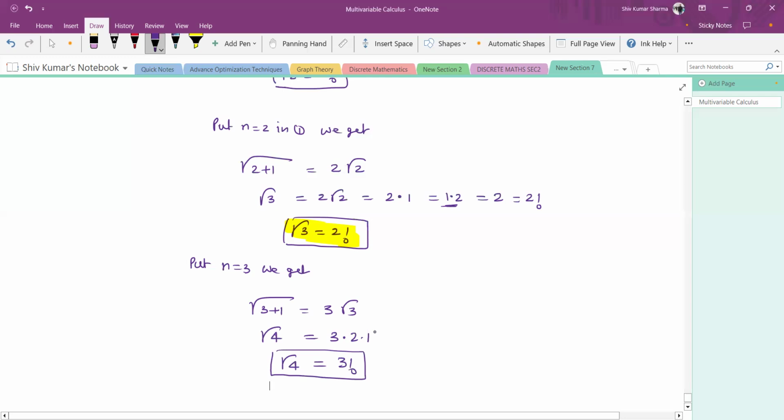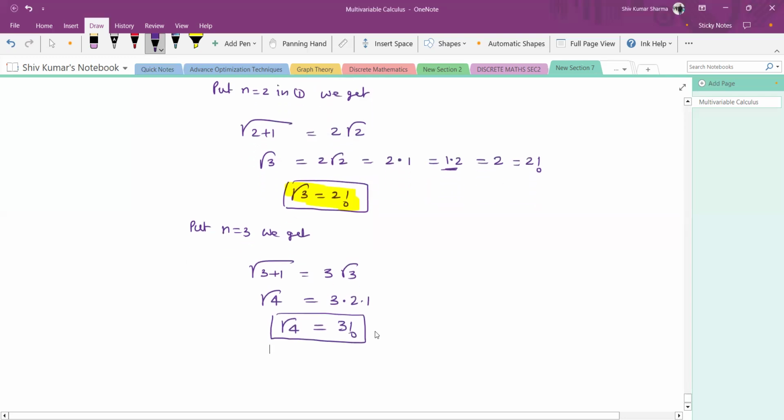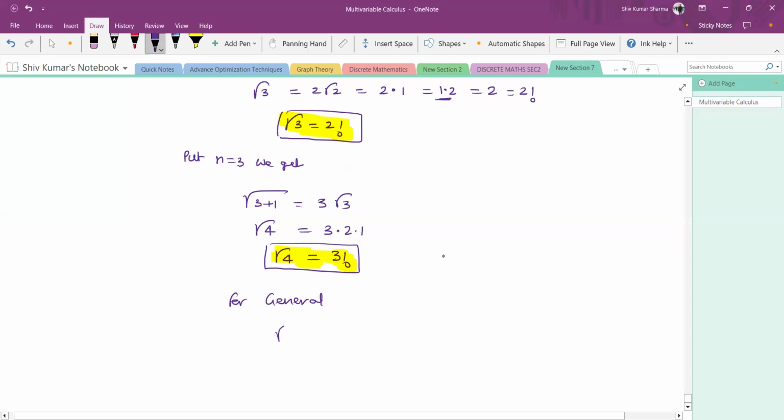So in general, we talk about the general term n. When we put n, this gives us gamma n plus 1 is equal to factorial n.